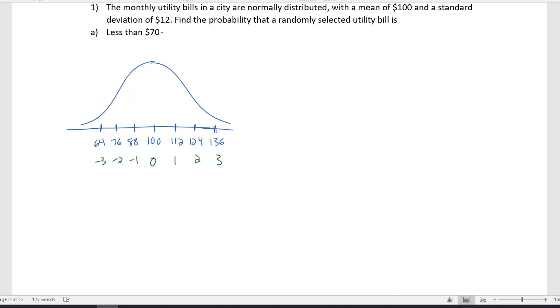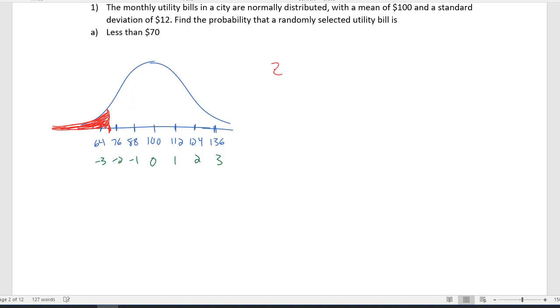So if I'm looking for the probability that a randomly selected utility bill is less than $70, I'm going to switch colors here again. So 70 should fall somewhere around here. That should be my 70, and so I should be looking at the probability that I have a bill less than 70. So remember, we're going all the way down, all the way to the left, and I need to find that z-score.